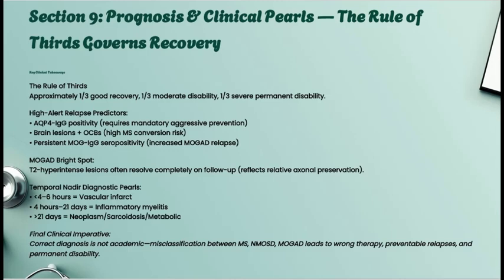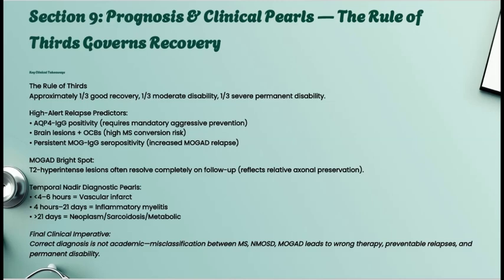Prognosis varies significantly depending on the underlying syndrome, severity at presentation, and speed of treatment initiation. A traditional teaching concept is the rule of thirds. Approximately one-third of patients recover well, one-third retain moderate disability, and one-third experience severe long-term impairment. Although imperfect, this remains a useful conceptual framework. Several factors increase relapse risk.